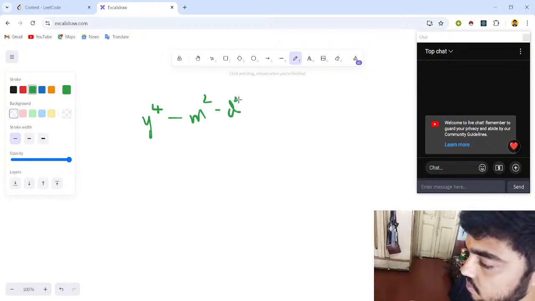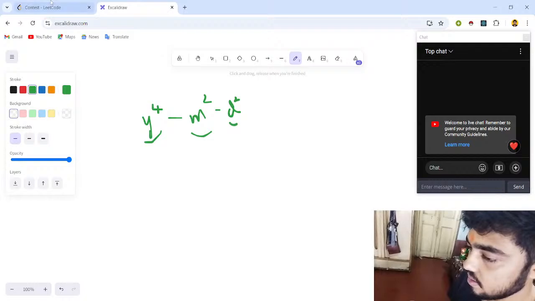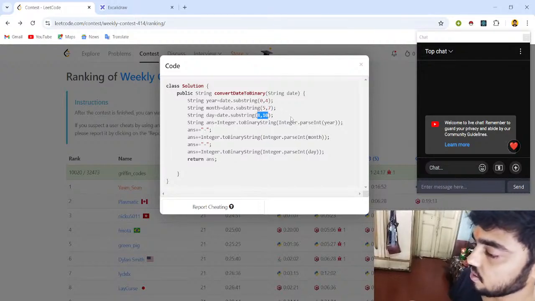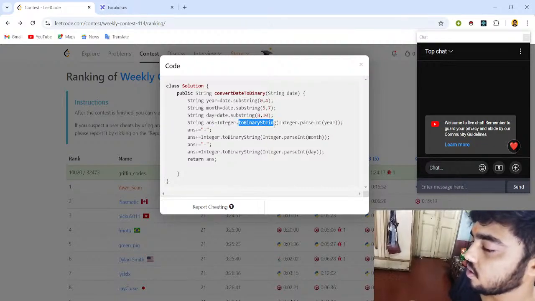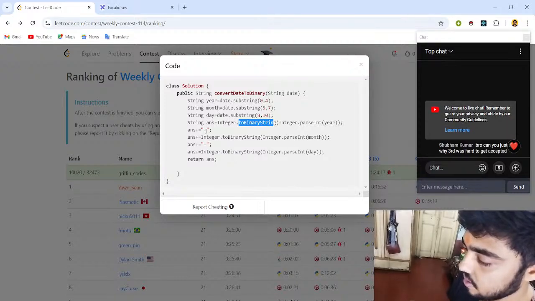For the first 4 letters I get Y, then from the 5th to 6th letter I get the M, and from the 8th to 10th letter I get the D. Then I convert it to a binary string using the inbuilt function. After converting, I append it with a dash.